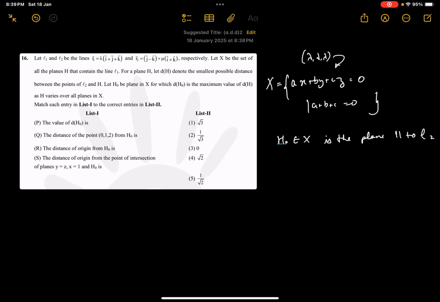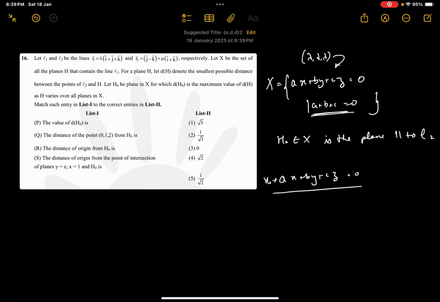So that gives us ax plus by plus cz. Let H0 be the plane. We already have this constraint. The other constraint we have is that the line should be parallel to the plane.